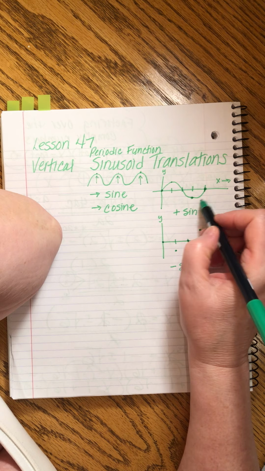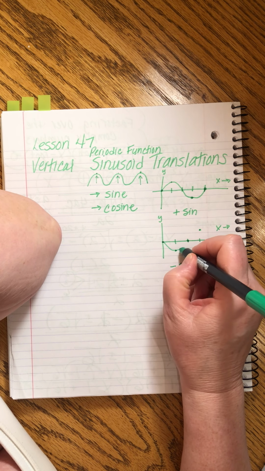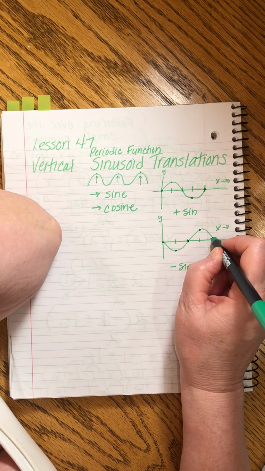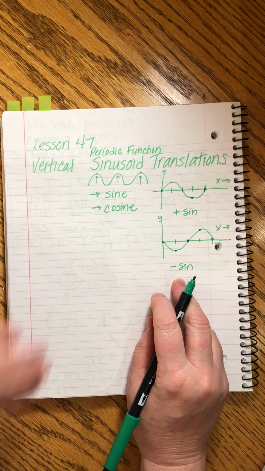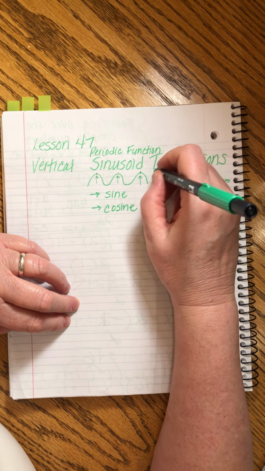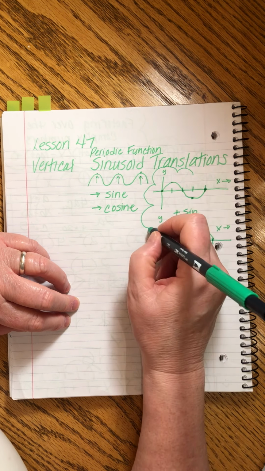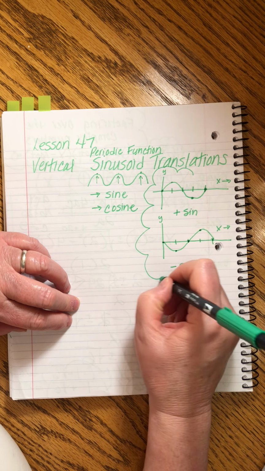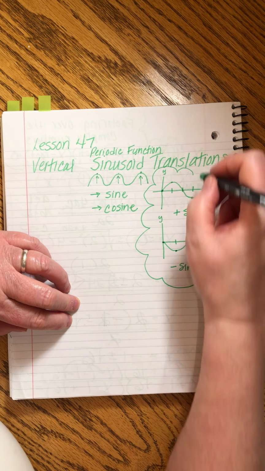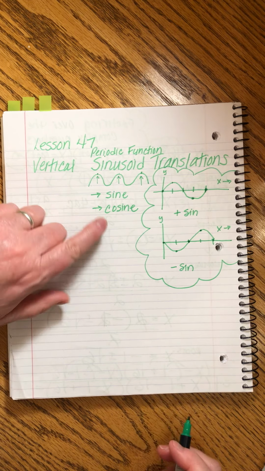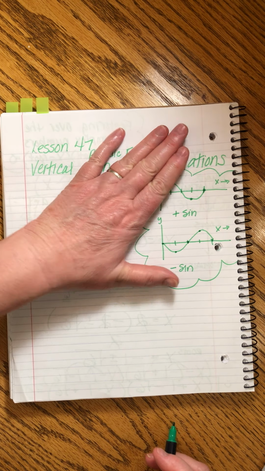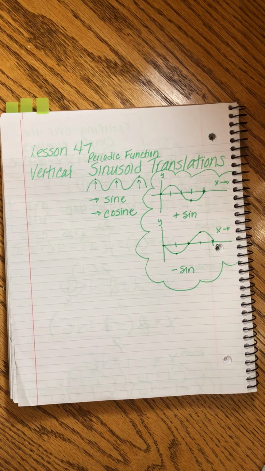Here we go up and then down, right? So it's reversed. So that is what a negative sine function looks like. We covered this in the previous lesson. I'm just recapping because we're going to build on this. So I want it to be clear in your noggin. All right, that's the way sine curves look, positive and negative.